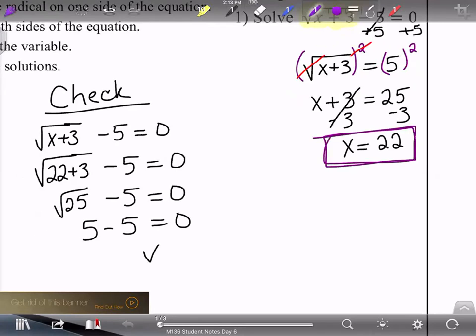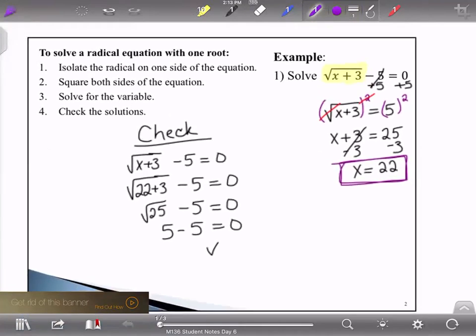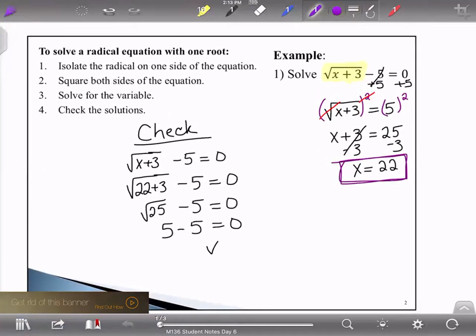So I'm going to go back, circle it, and box it in because it is a solution. Questions on this first one?